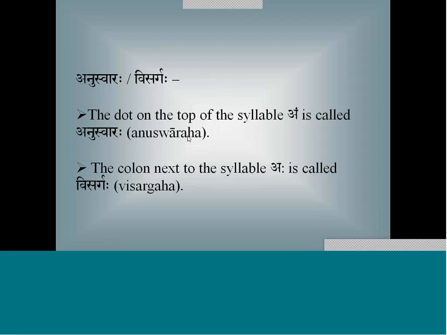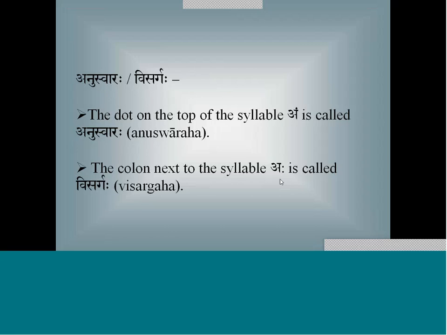Then the colon that you see next to the letter a is called visarga. It is called visargaha. So visarga and anuswara don't have a separate sound. It takes the sound of the vowel.